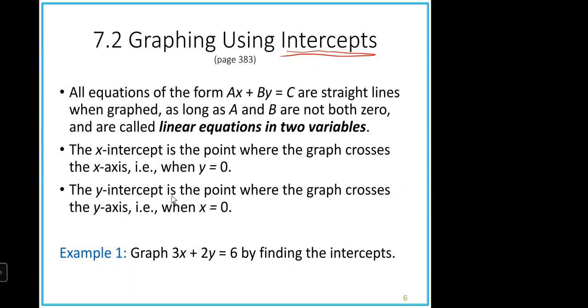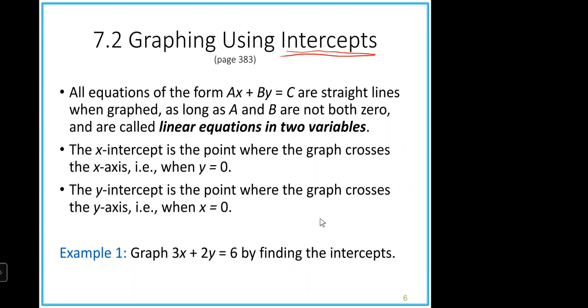We're going to look at an example, so it makes more sense. They give you an equation to graph, and one of the quickest ways to graph an equation is to use the intercepts. You let x be 0 to find your y-intercept, and let y be 0 to find your x-intercept. In this case, you're asked to graph 3x plus 2y equals 6 by finding the intercepts. There are other ways to graph it.